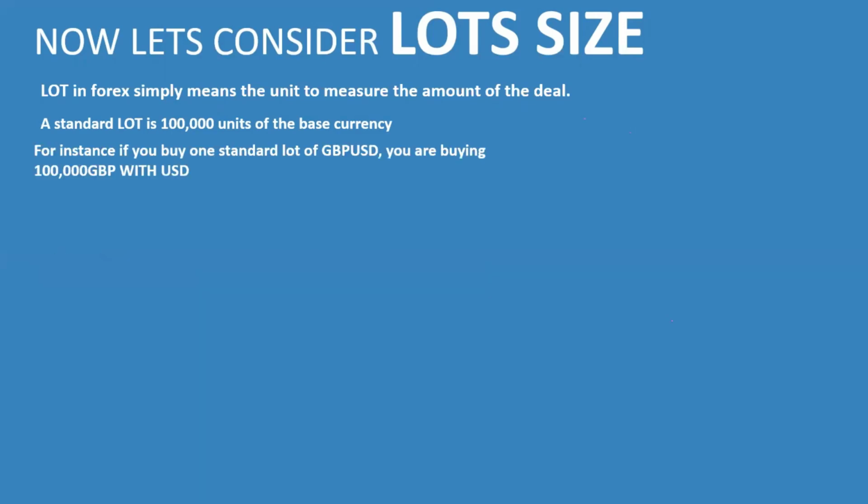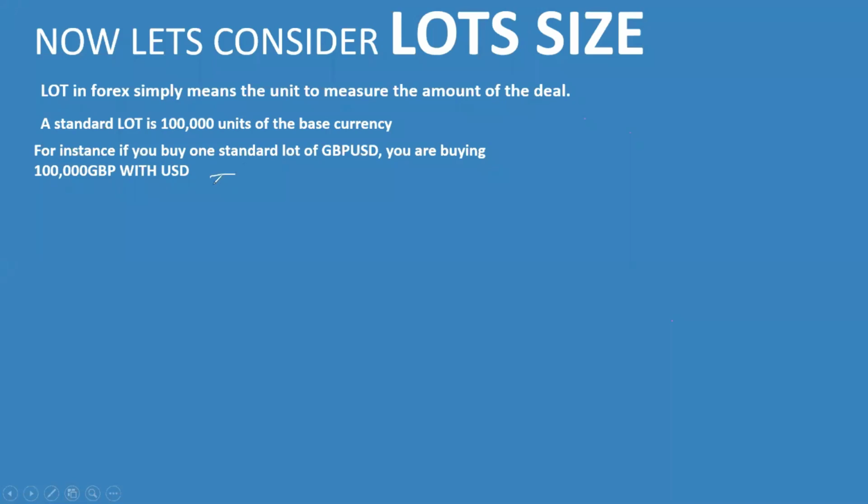For instance, if you buy one standard lot of Great Britain pounds USD, you are buying 100,000 units of Great Britain pounds with the United States dollar. Let me explain a little bit.